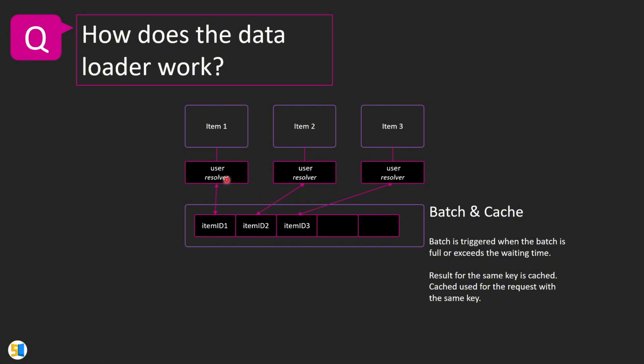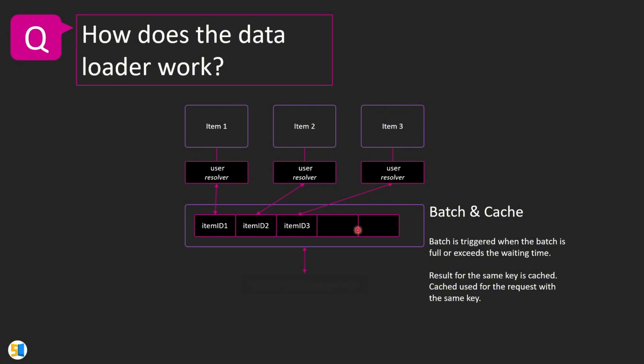It will send this user resolver request, in this case the key that is used to fetch the user data, maybe a user ID or item ID, into a batch queue. And then this batch will wait until the time that we set or until the batch is full.